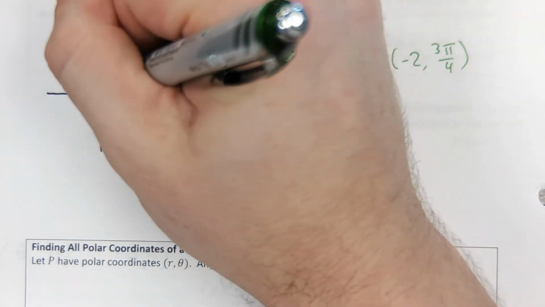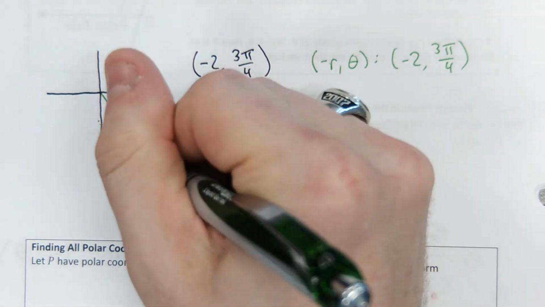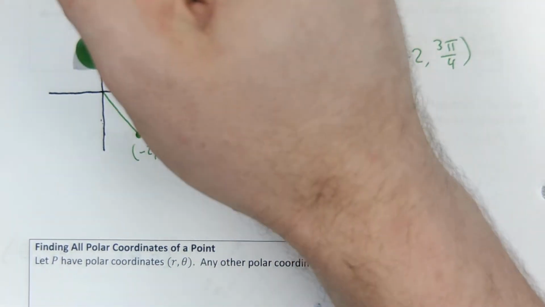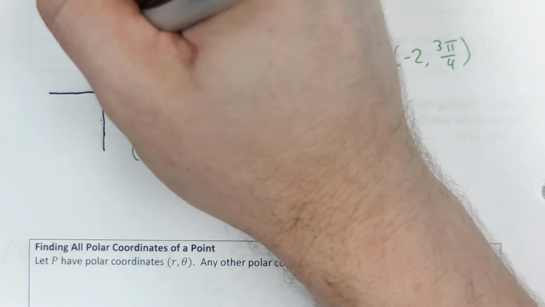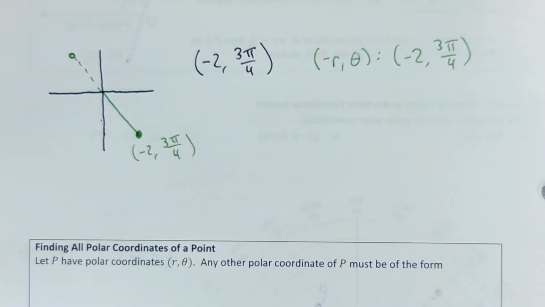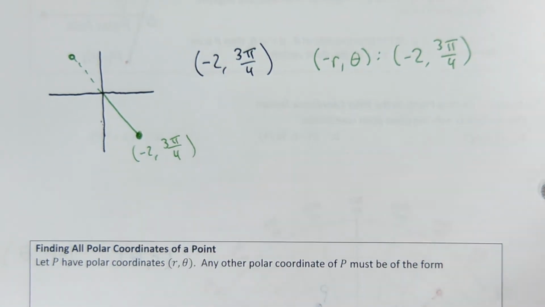So this thing is actually going to be over here. Because negative radius tells you point the exact opposite direction. We went exactly pi radians or 180 degrees from where the angle told us to go.